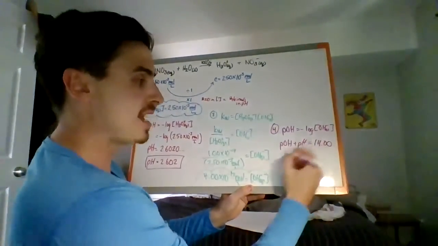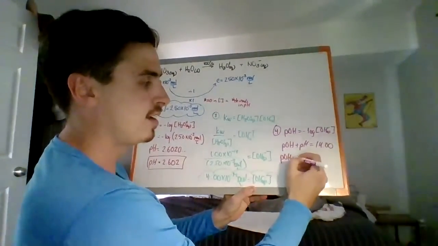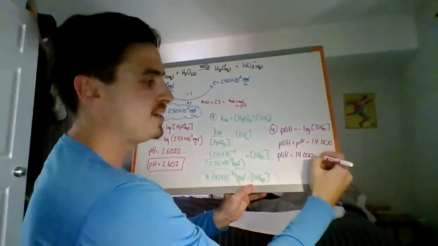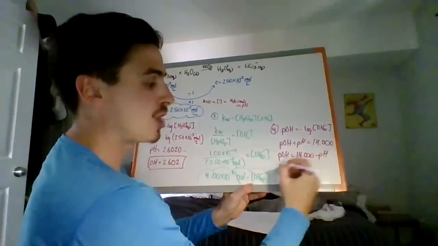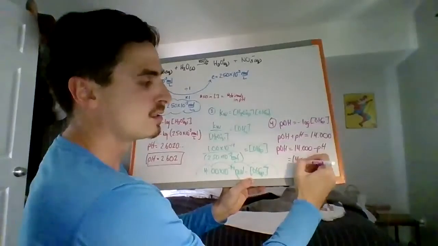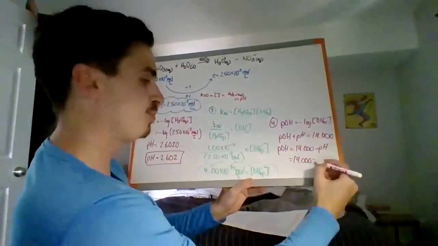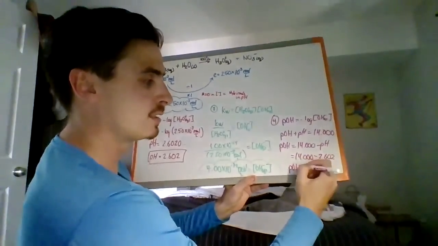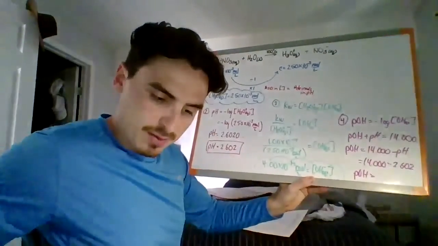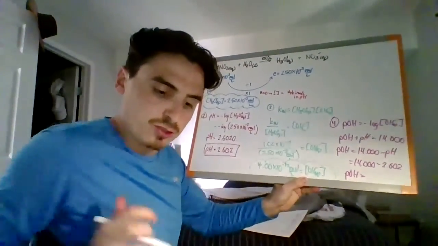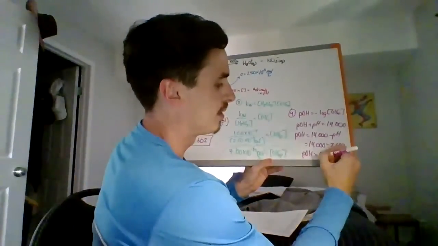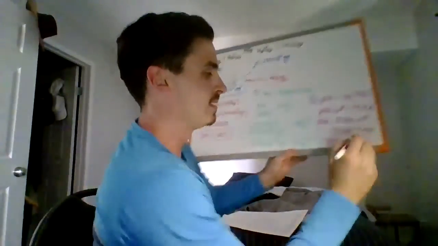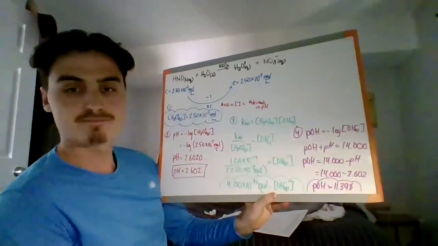If I have pH, which I do have, I can easily find the pOH by just subtracting it. It's a really, really easy calculation. So my pOH, guys, is 14 minus 2.602, 11.398. Okay? And we're done.